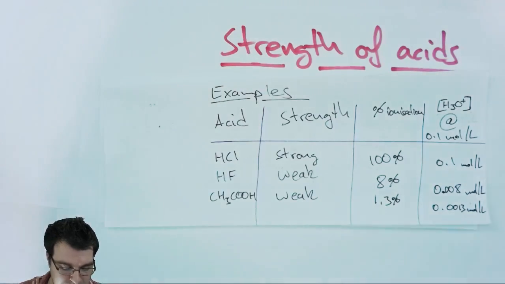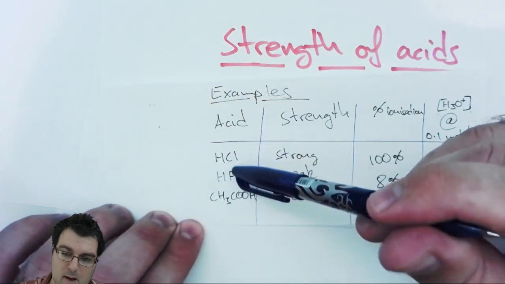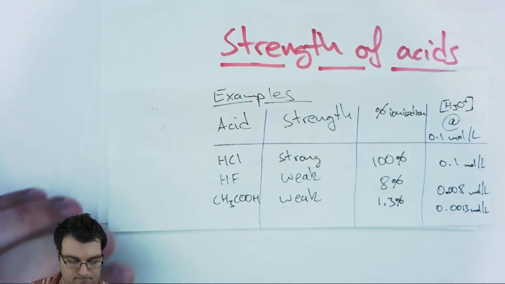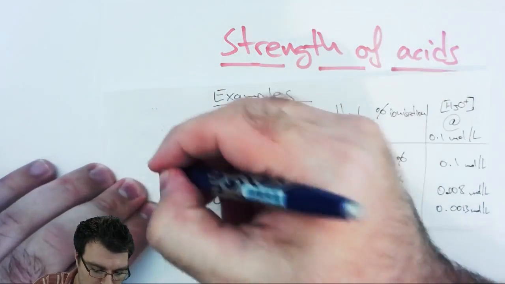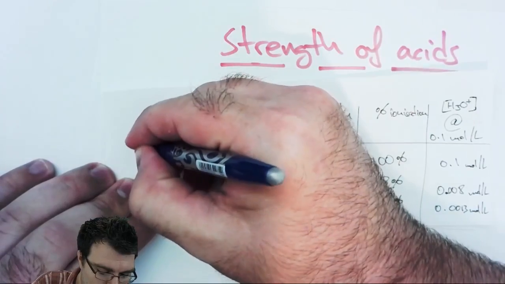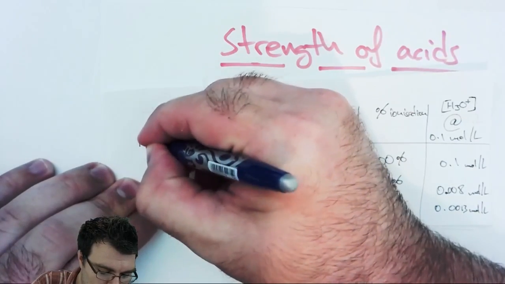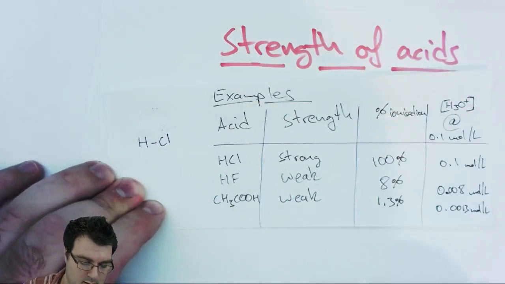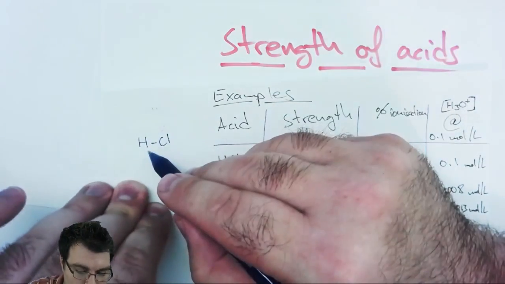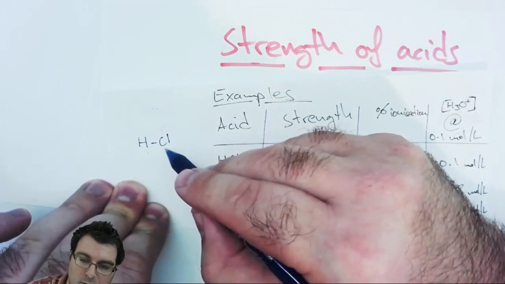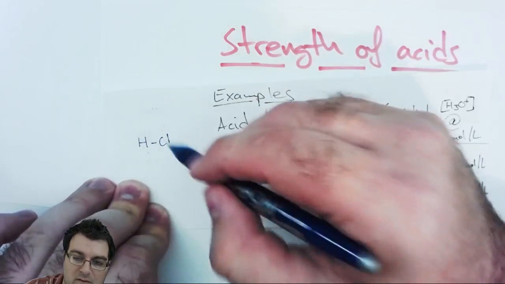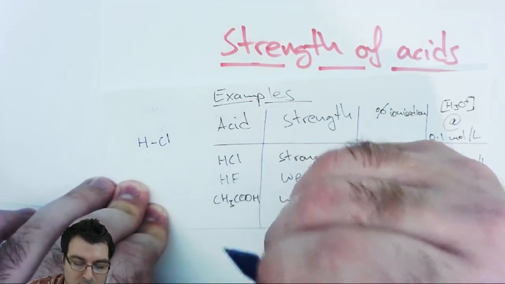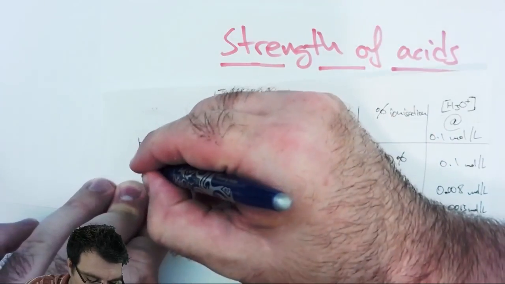Now, you may have noticed there's a strange thing going on here. These two are remarkably similar. Specifically, if we look at the formula of each in their molecular form, we have hydrochloric acid, where a hydrogen atom has a covalent bond to chlorine. That's what it's going to exist as in the gaseous form.